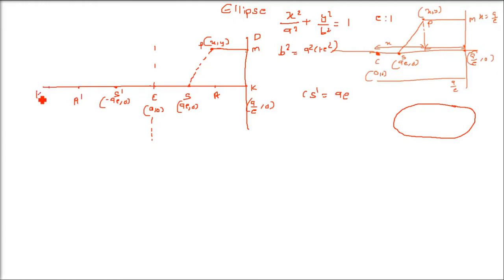From this A dash we are making a line which is perpendicular to this axis. So this line will actually be a directrix. Now consider the distance of this point P from the focus and from the directrix.